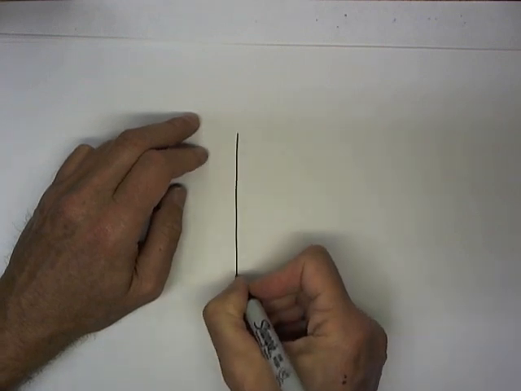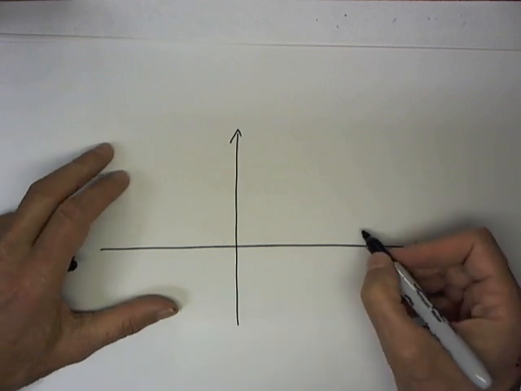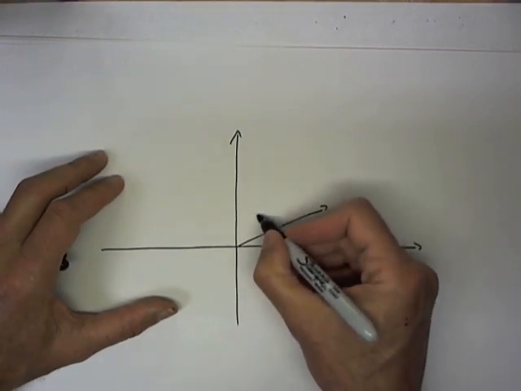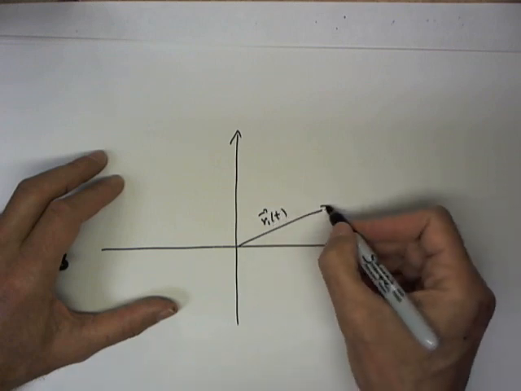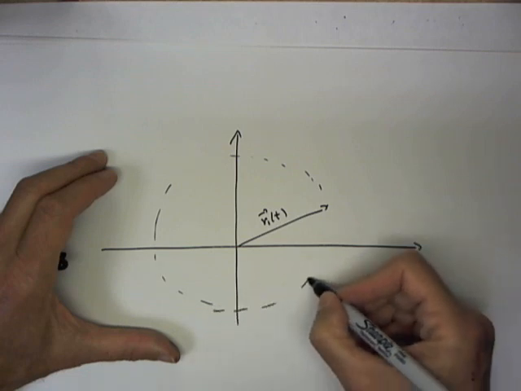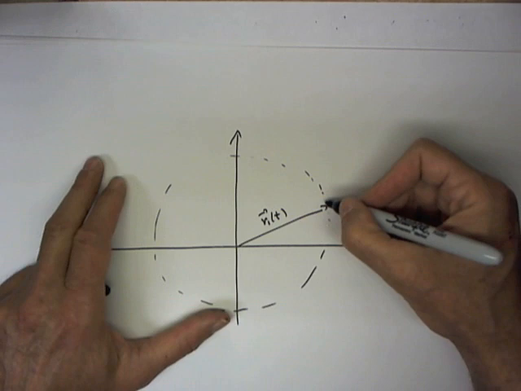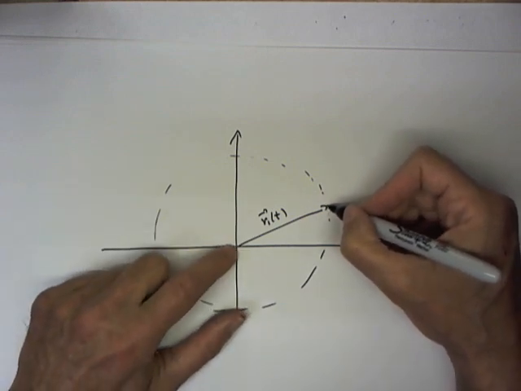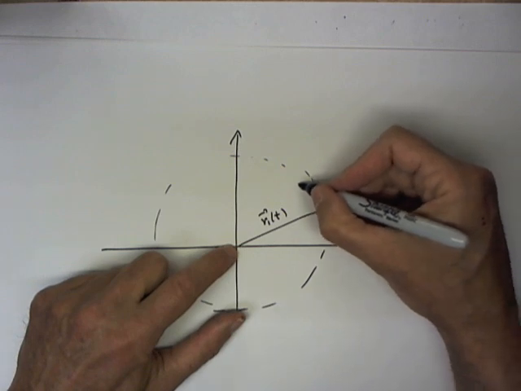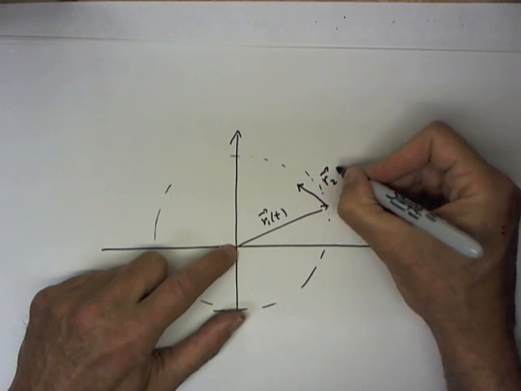Okay, if we have a coordinate system, then the path of the r1 vector is going to be a circle. The path of the r2 vector is going to originate from the end of the r1 vector, and wherever that r2 vector is at clock time t, we'll have the vector r2 of t.